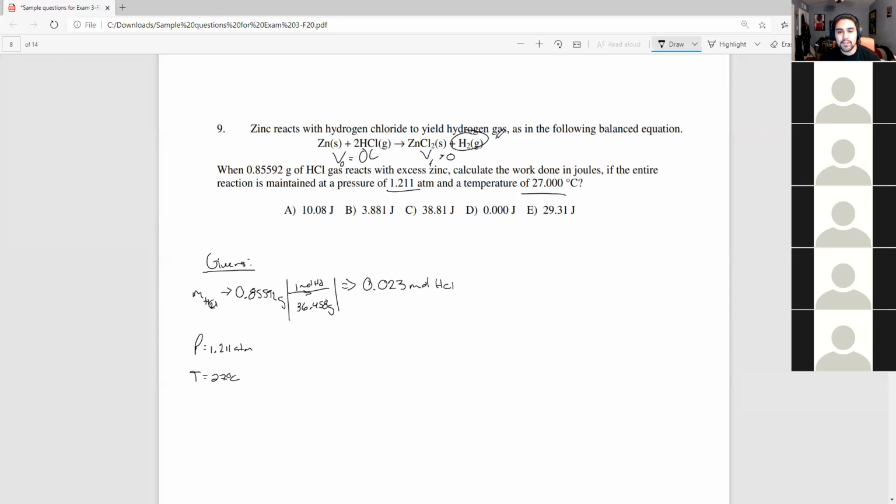And then, first of all, is my equation balanced? Yes, it is balanced. So what would be my ratio to convert to, since we're working with hydrogen gas? It's 1 mole of hydrogen gas for every 2 moles of hydrochloric acid. Yes.